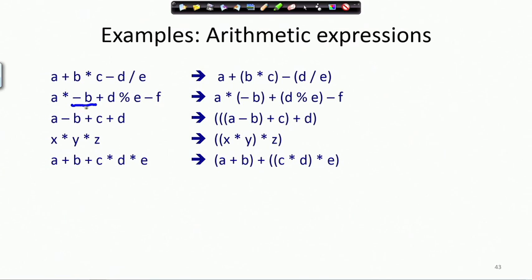The compiler will generate the code in a way that it will be treated as this: A times first minus B will be done, then this one is the highest precedence, next highest precedence. So, this will be done, then multiplication between these two will be done.